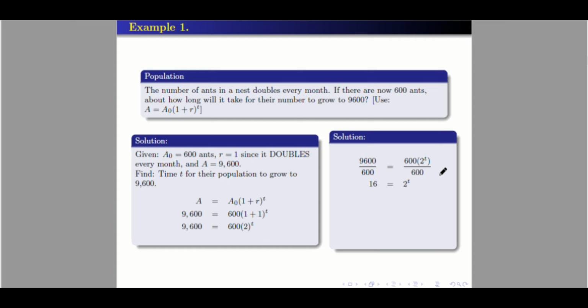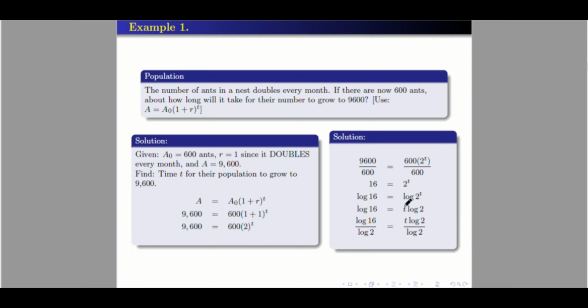So we can now use the logarithm. Take the logarithm on both sides. And then by law number 3, the exponent t will become a coefficient. So now we have t log of 2.